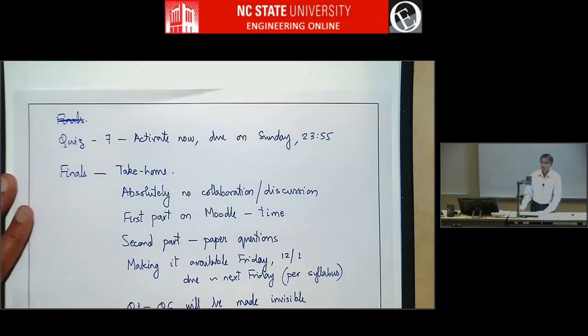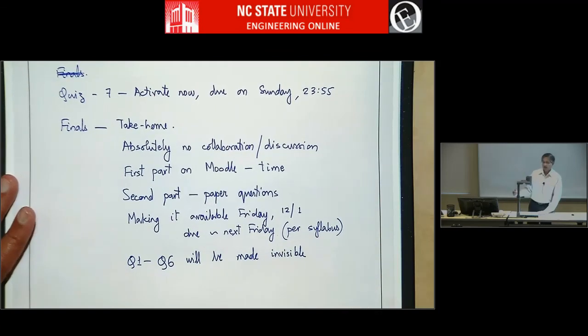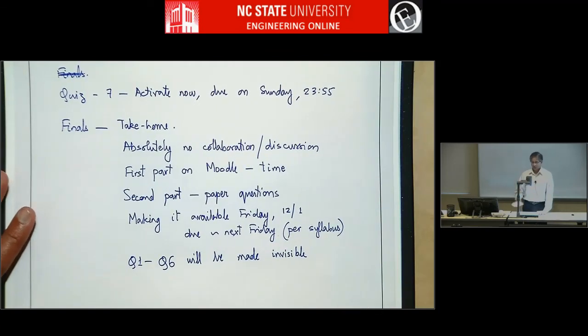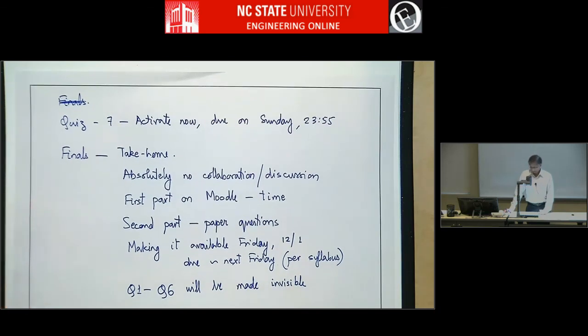So if you want to download them, you should do that before the finals. I'll send out an email with the time when I will actually turn these off. Quiz 7 is overlapping with the finals, so I'm not going to touch it. I'll just let that be there. Any questions? So that's the plan.